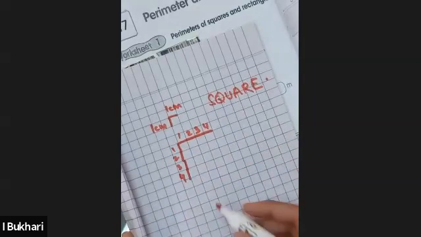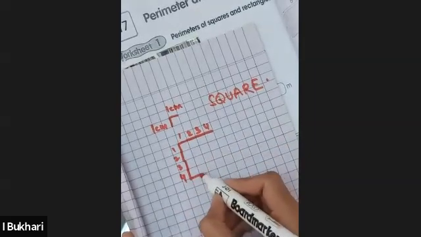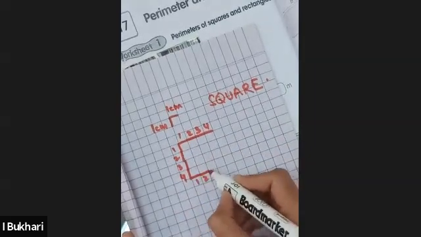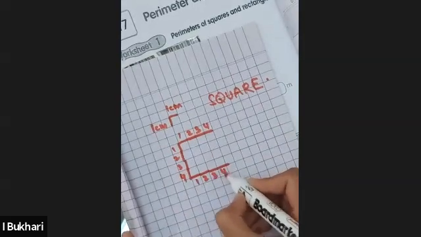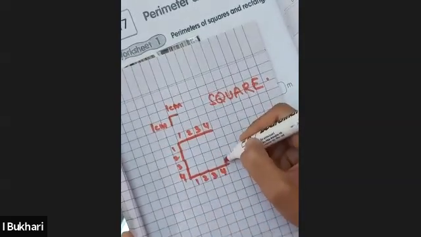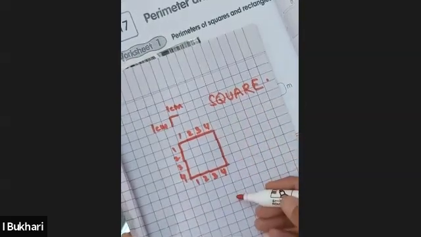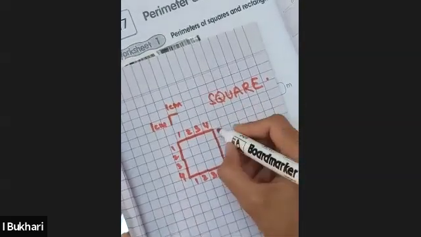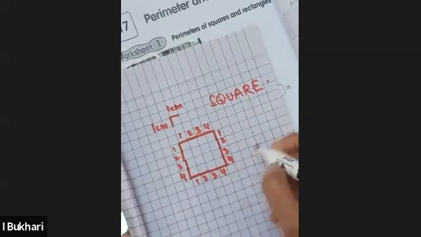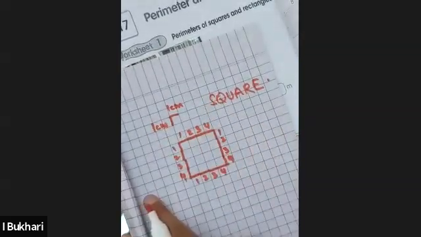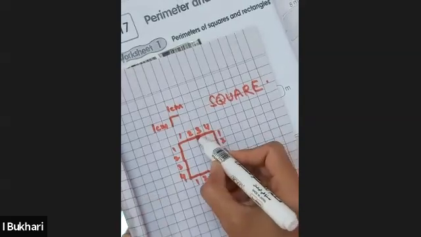This side should also be 4. 1, 2, 3, 4. Now if I have to calculate the distance around it, can I just count these units?